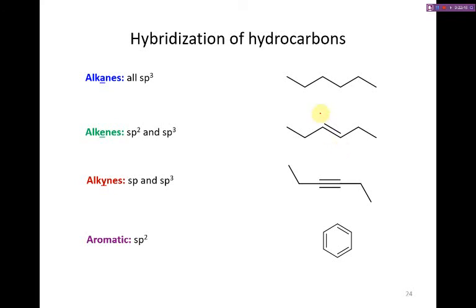Whereas alkenes are going to have sp2 hybridization at the double bond and sp3 hybridization in other locations where there's not double bonds. Because there's 2 electron domains within the alkyne, it's going to be sp hybridized. And aromatic, because it has 3 electron domains, that's going to be sp2 hybridized.